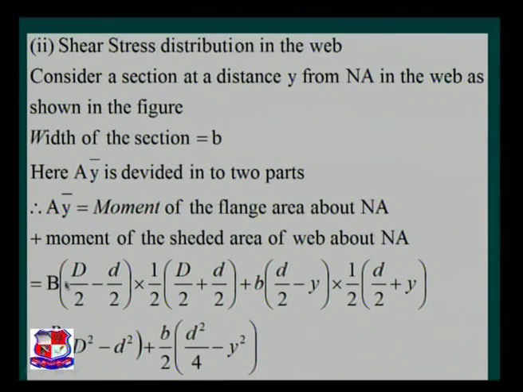Half is common over here, half from here, half from here. It comes to 8. So B by 8 bracket capital D minus small d bracket another bracket capital D plus small d, so it comes to bracket D square minus small d square, plus, now from this b and half goes out of the bracket, d by 2 minus y, d by 2 plus y, it goes to be bracket d square by 4 minus y square.